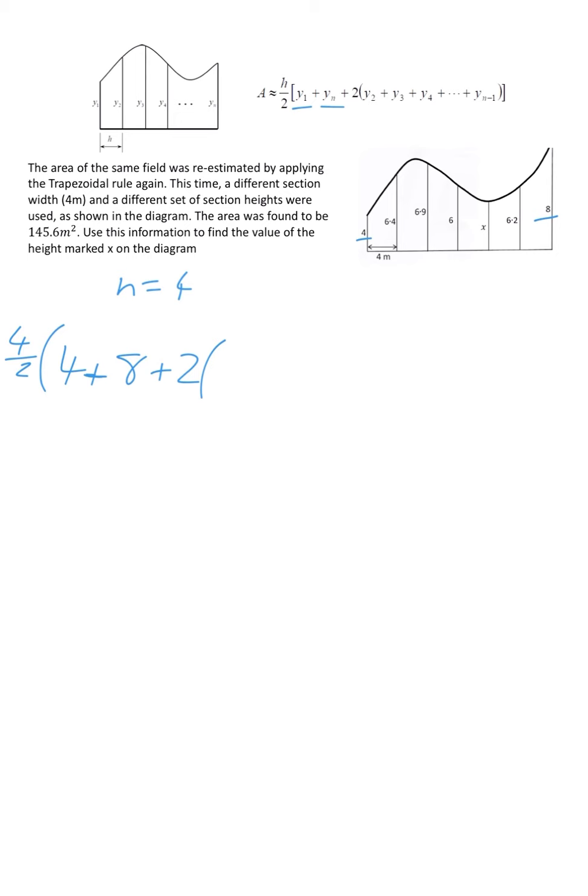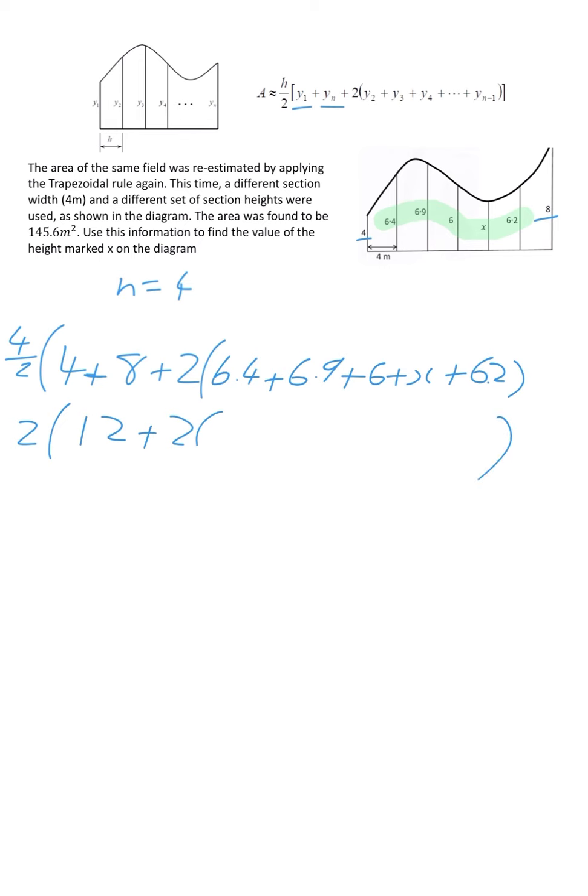And the remaining terms then are going from 6.4 to 6.2. So 6.4 plus 6.9 plus 6 plus x plus 6.2. Okay, so let's simplify here. So 4 over 2 will be 2. 4 plus 8 will be 12 plus 2.